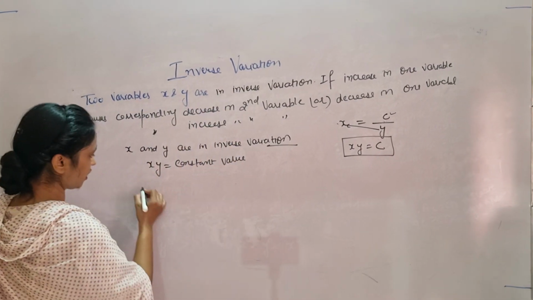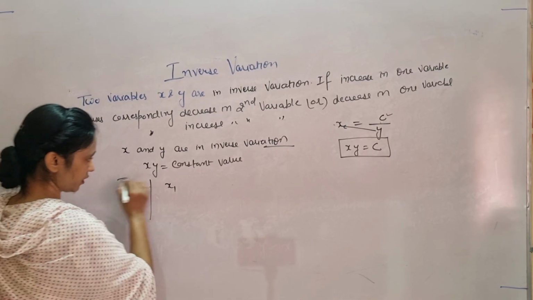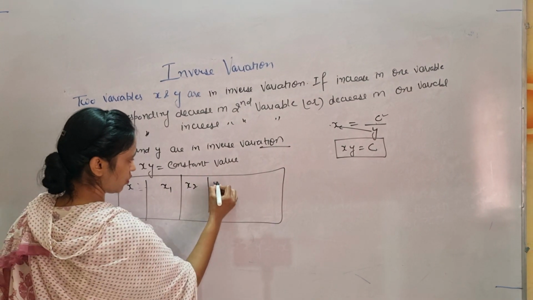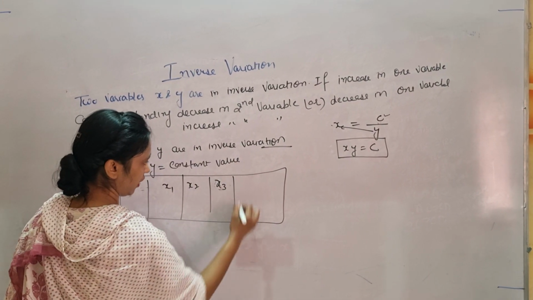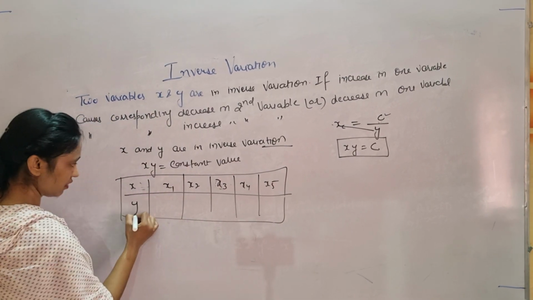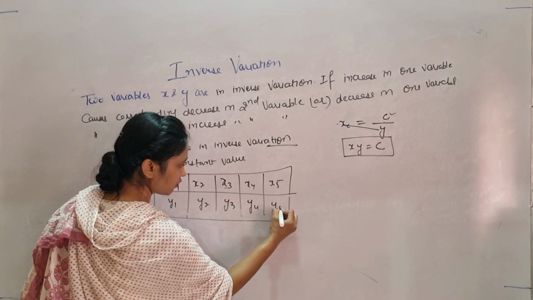If a number of values are given, sometimes a table is given to you like this one: the values of x are given, x1, x2, x3, x4, x5, and the values of the second variable are given, y1, y2, y3, y4, y5.